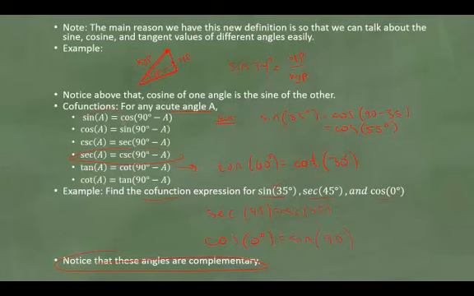Sine is equal to cosine if we have complementary angles. Cosine and sine, cosecant, secant, tangent, cotangent. So when you think of cofunctions, you should be thinking sine and cosine are related, tangent and cotangent are related, secant and cosecant are related.